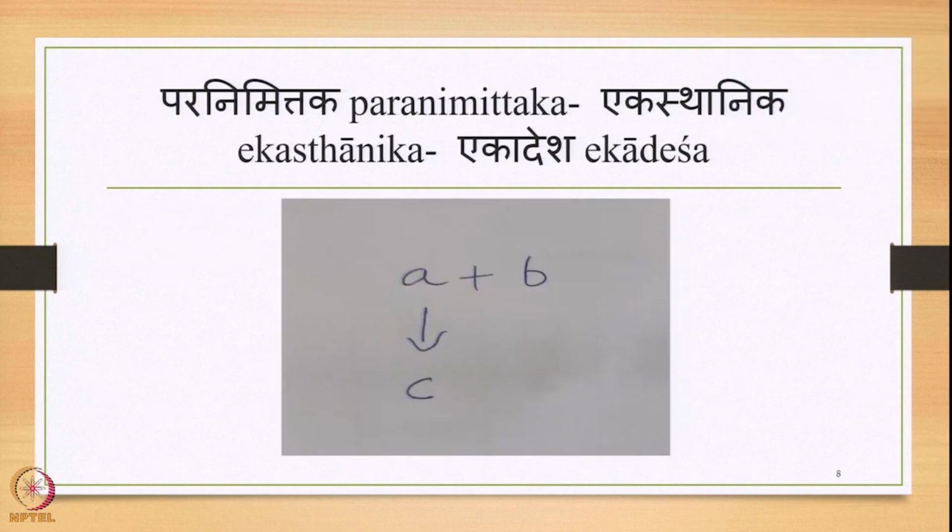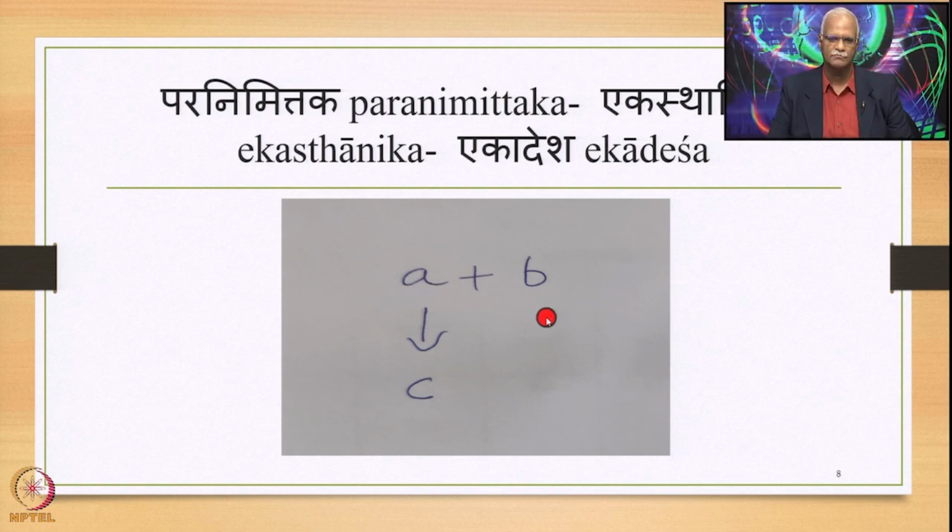Then comes Paranimittaka Ekasthanika Ekadesha. This can be represented diagrammatically in the following way, where you have A plus B in close proximity in the Samhita mode, B comes immediately after A, and in the environment of B, A gets substituted by C. This B is Para and this is Sthani, this is Adesha.